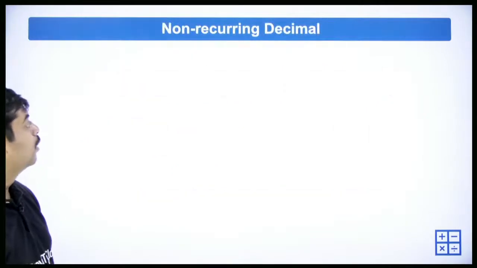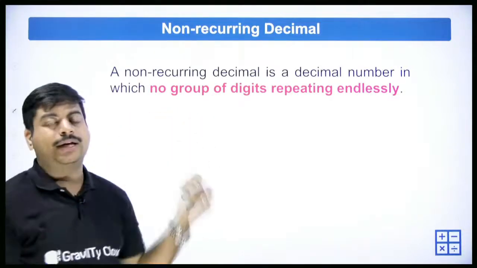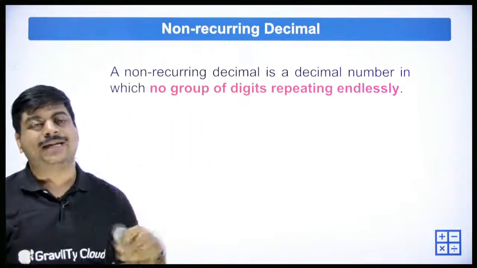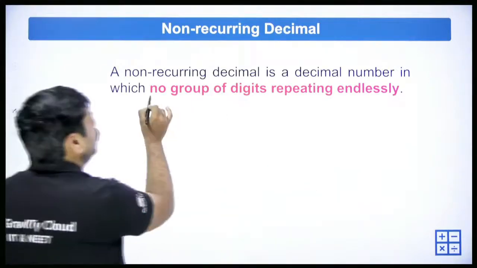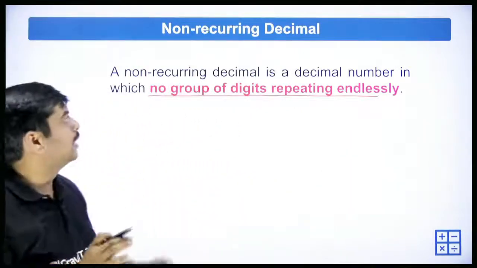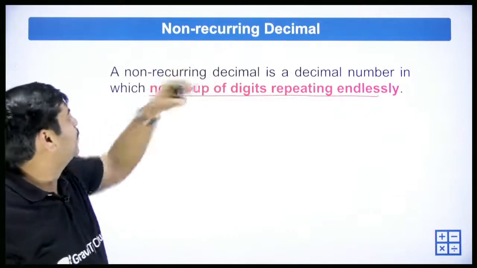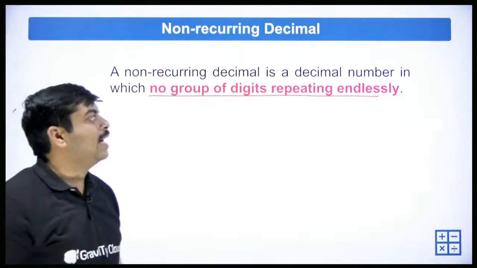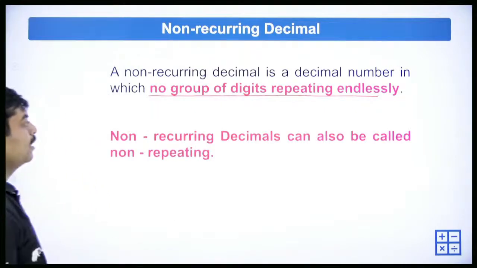Let's see what a non-recurring decimal is. We just saw recurring, which has a fixed pattern followed again and again, but here no group of digits is repeating endlessly. A non-recurring decimal is a decimal number in which no group of digits repeats endlessly.